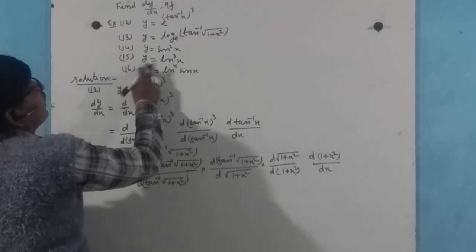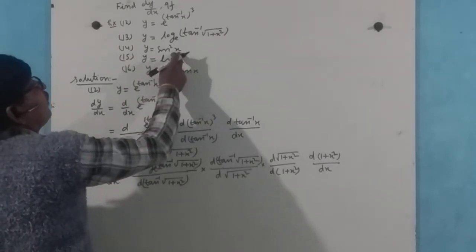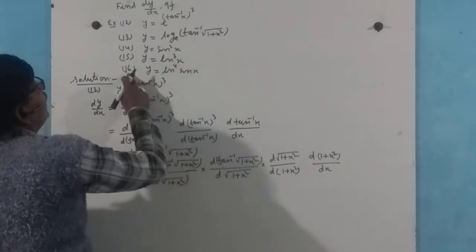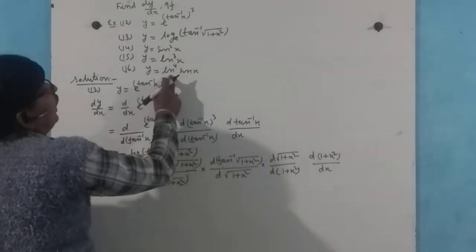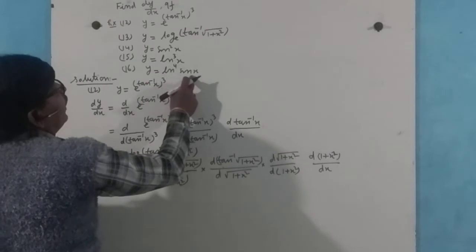Next question: y equals log to the power 3x, and question 16: y equals ln to the power 4 sin x.